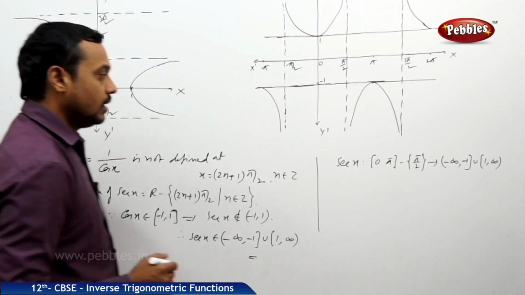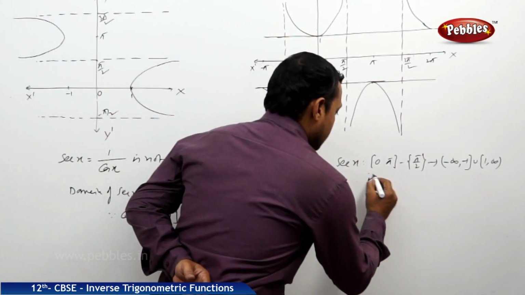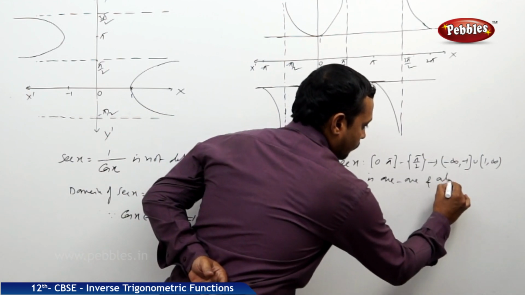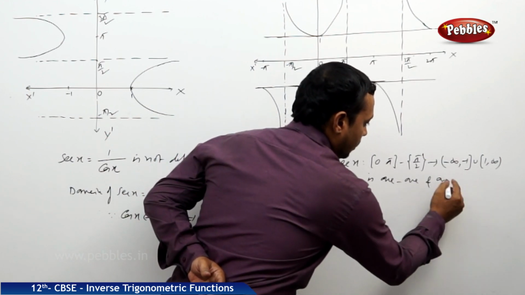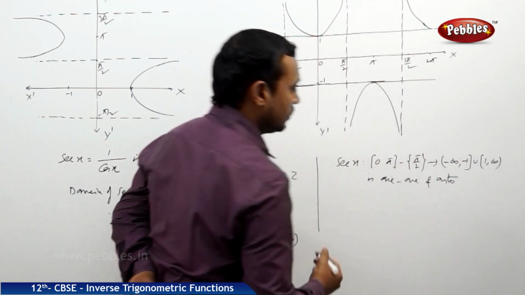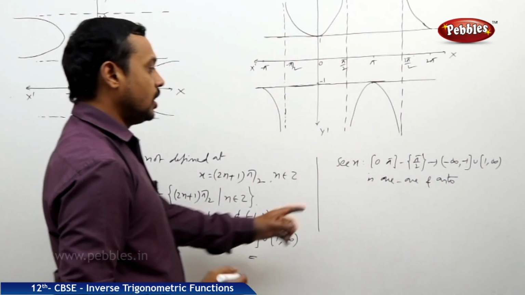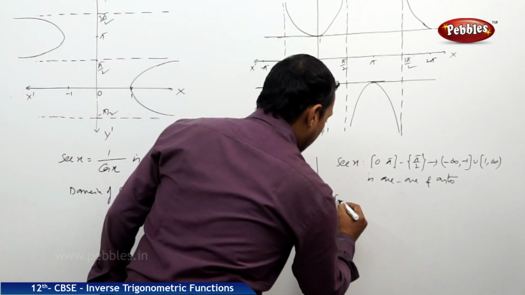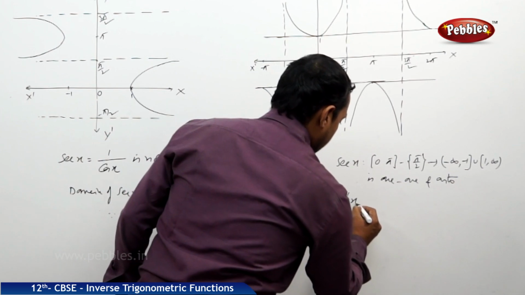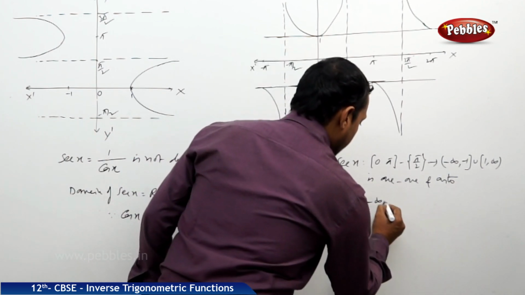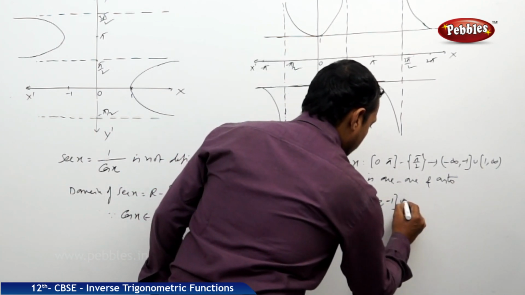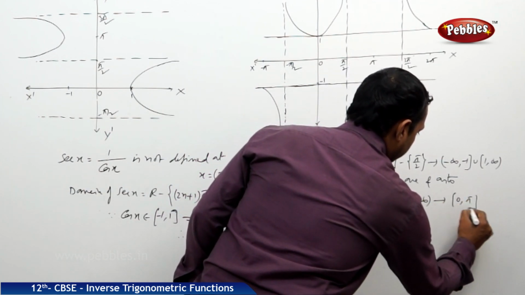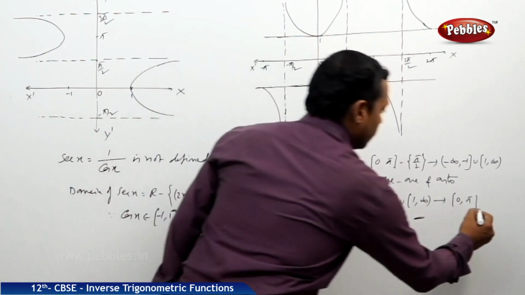Now in that interval, secant x is 1-1 as well as onto. Hence the inverse of secant x, or arc secant x, is defined from minus infinity to minus 1 union 1 to infinity to 0 to pi, excluding pi by 2.